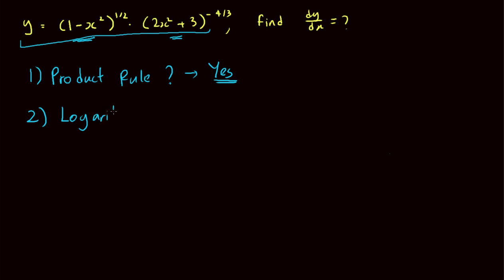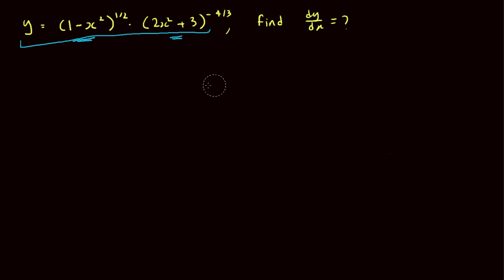So they want us to use the logarithmic method. Let's use it and try to solve the problem, and see if it's a bit easier than the product rule or not. To do the logarithmic method, we take ln on both sides.